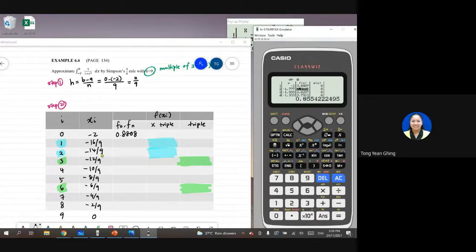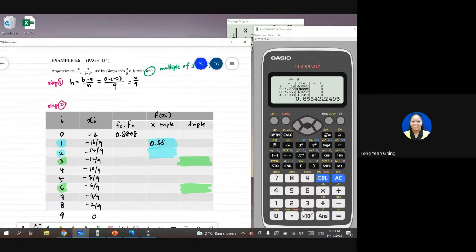Okay, welcome. Now I will just key in the rest. Make sure this is 1. When x is negative 16/9, the value is 0.8554, so we key it in this column.